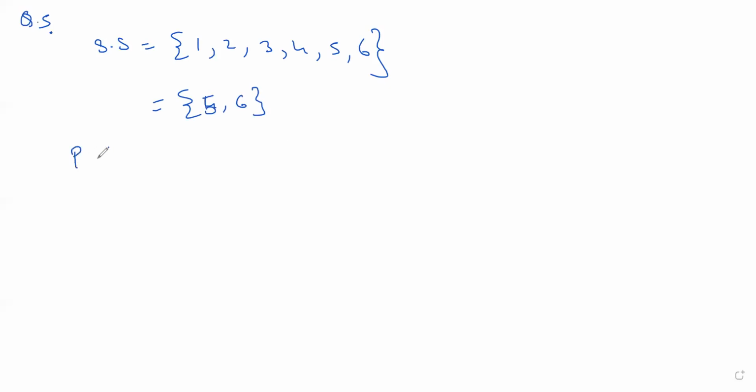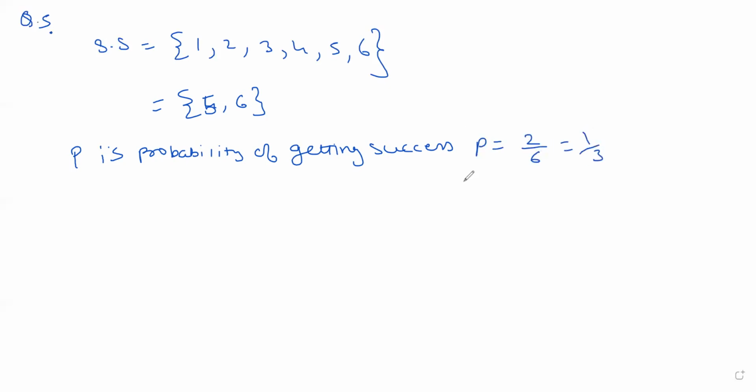If I say P is probability of getting success, then P is 2 by 6 or 1 by 3.